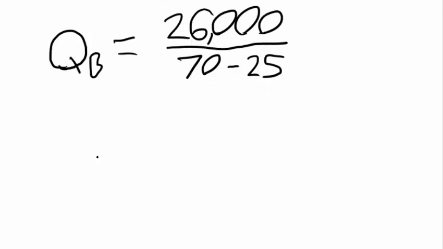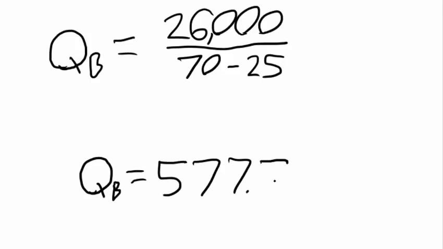And by plugging this into a calculator, we get a quantity to break even equals 577.78. So in order to reach a profit of zero and have our total revenue equal our total cost, we will produce 577.78 units of whatever good we are producing.